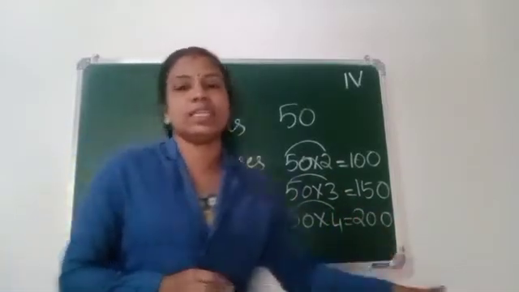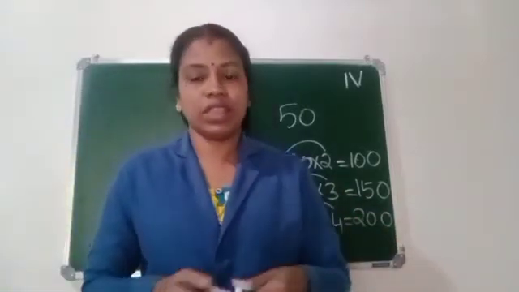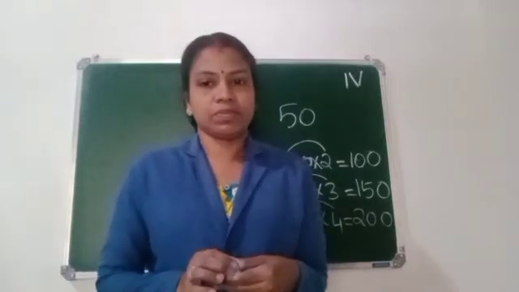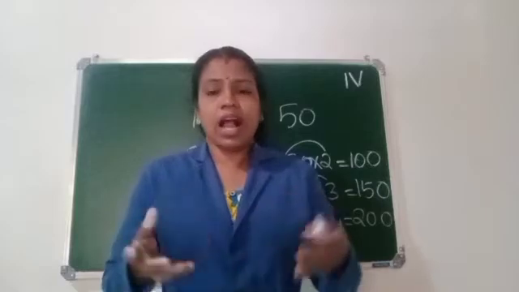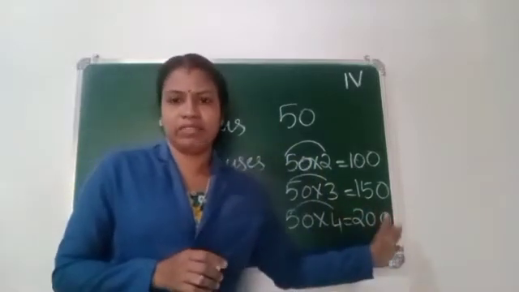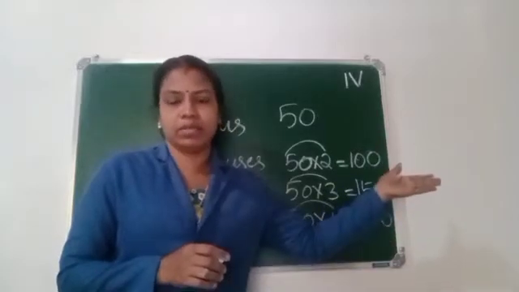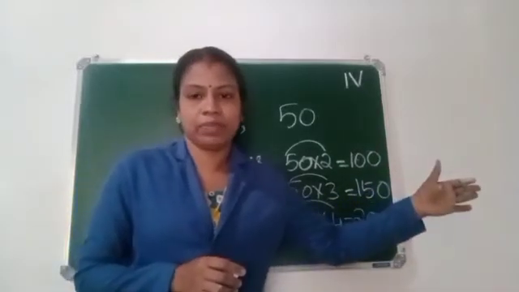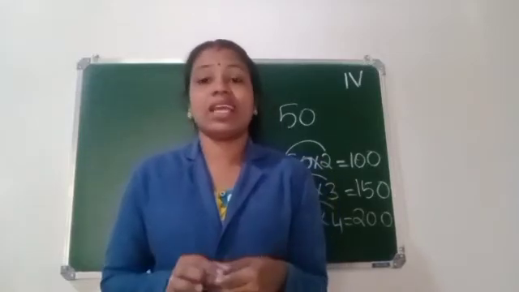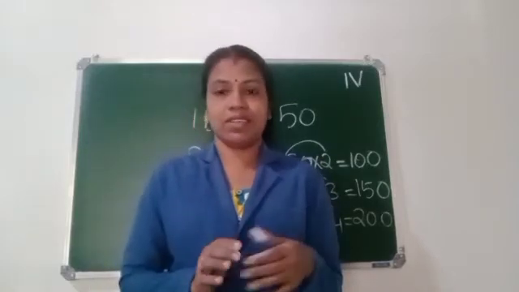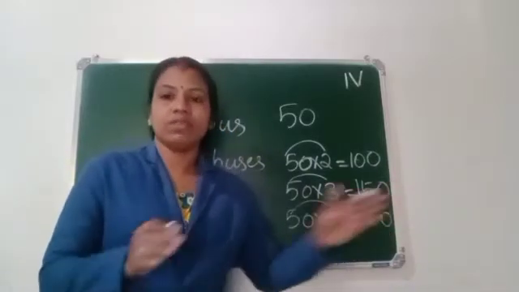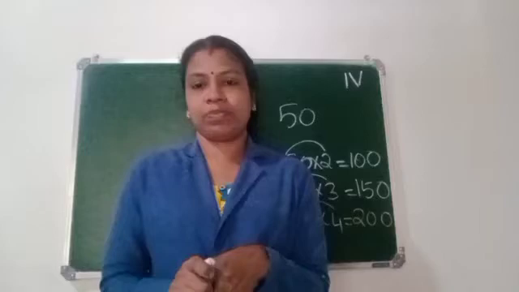Then we can't get another bus because only 10 children were left. Clear? Then what do we do? Yes, we can share the seats. Only 10 children are left, so we can share the seats.